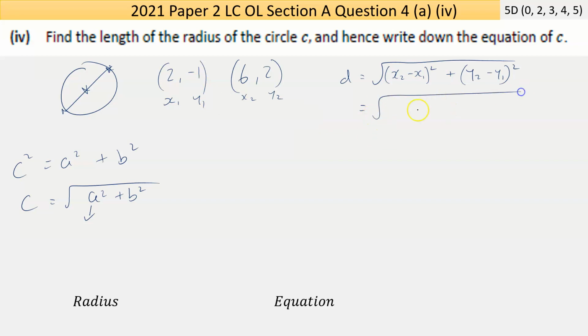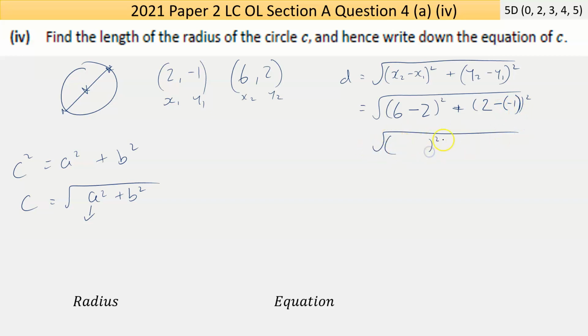So the big square root, okay, I'm going to be filling in the brackets there. So x2, the question we identified that as 6, take, now x1 is 2, they're both positive, so they can go in without brackets, no problem. y2 is 2, take away, now here we have a negative number, so I'm going to put that in the brackets, and we have a negative times -1. Now what's going to happen here?